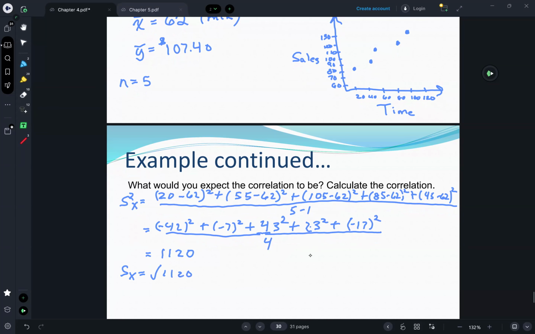And one more to go is 95. And that's squared. Hope we can see that on the screen. That is squared, the last one. And we divide it by 5 minus 1. And then we can get those squares.